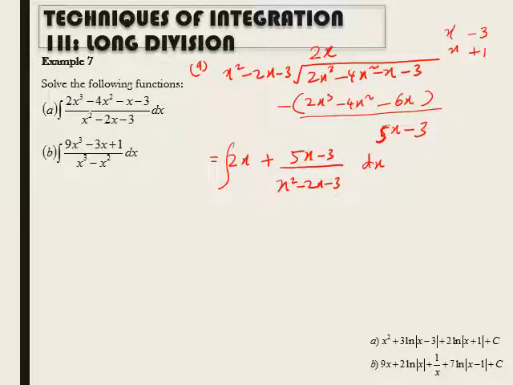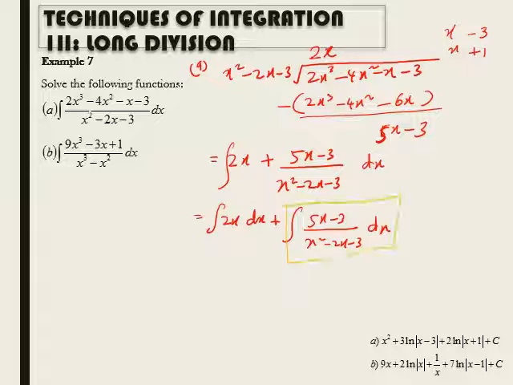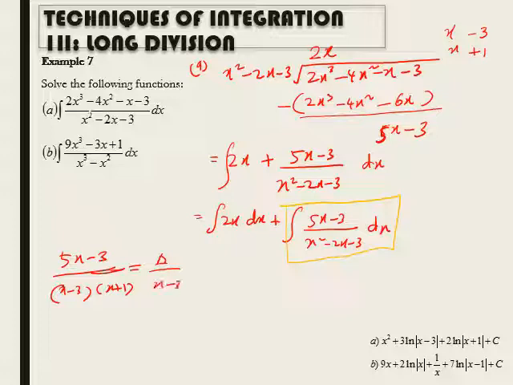Okay. So this one, integrate 2x dx plus integration of (5x minus 3) over (x squared minus 2x minus 3) dx. So this one you need to use partial fraction. Okay, let us write it here. (5x minus 3) over (x minus 3)(x plus 1) is equal to A over (x minus 3) plus B over (x plus 1).